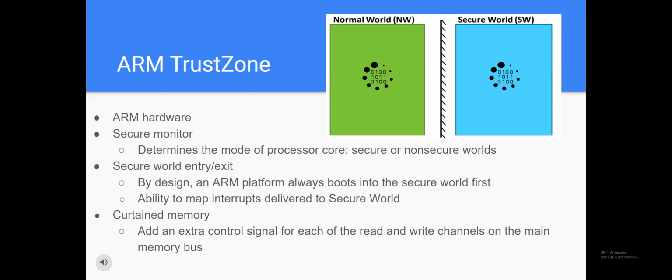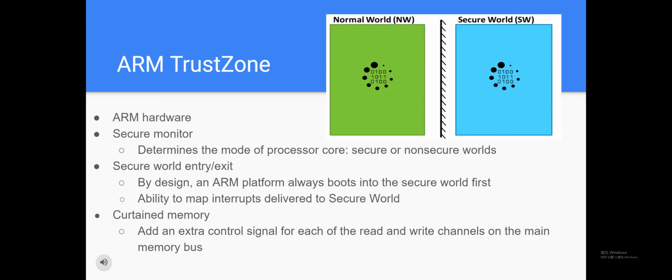When the CPU executes the SMC instruction, the hardware switches into the secure monitor, which performs a secure context switch into the secure world. Hardware interrupts can trap directly into the secure monitor code, which enables flexible routing of those interrupts to either world. This allows I/O devices to map their interrupts to the secure world if desired.